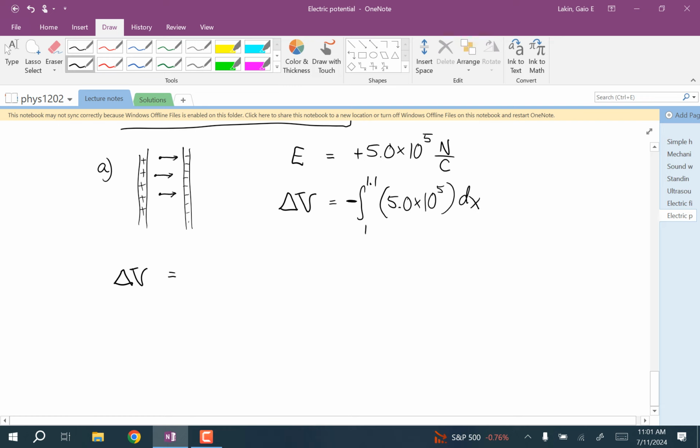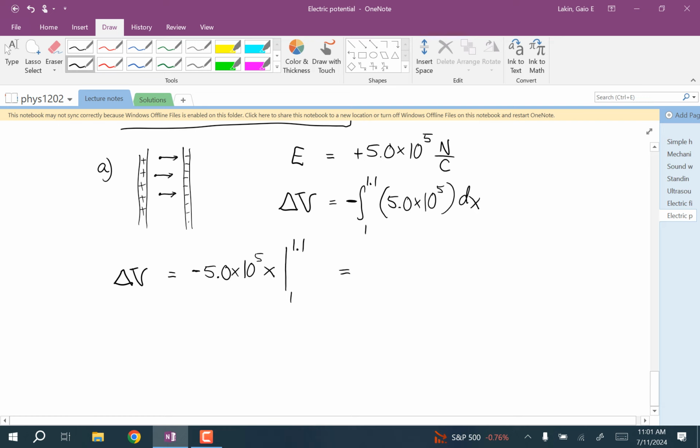So if we integrate this, we have 5.0 times 10 to the 5th times x, and we still have that negative sign, and we're evaluating this from 1 to 1.1.